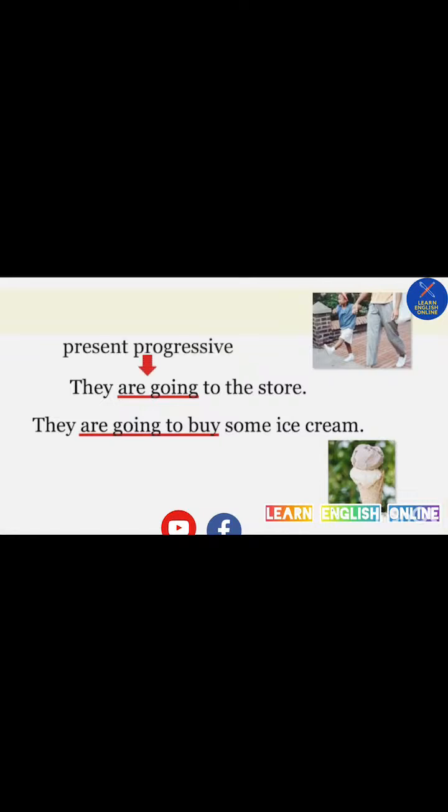So the first sentence is present progressive. This is the be verb plus the ing, and this tells us this is happening right now. The second sentence is the future. We use be going to verb to form the future. Let's look closely.